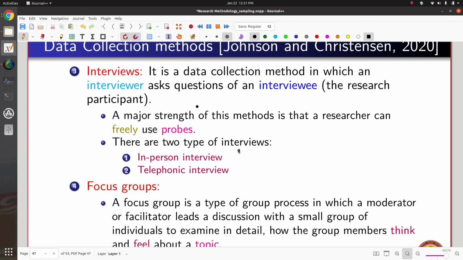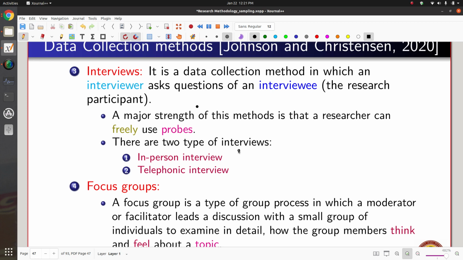The advantage is that it will not put much financial burden. Obviously you need to pay for the computer assisted telephone interview system. You can hire it, or if your institute or organization has it, then that's fine, and the cost will be a bit less for you.